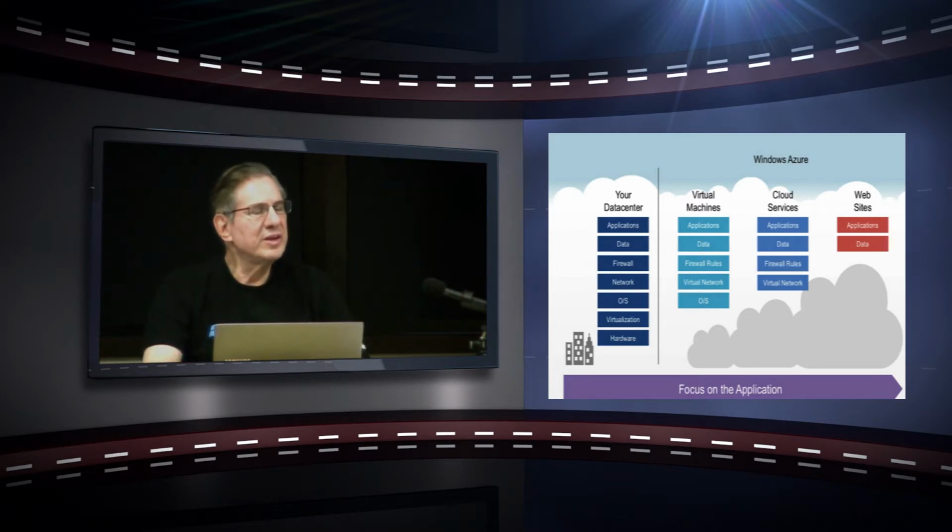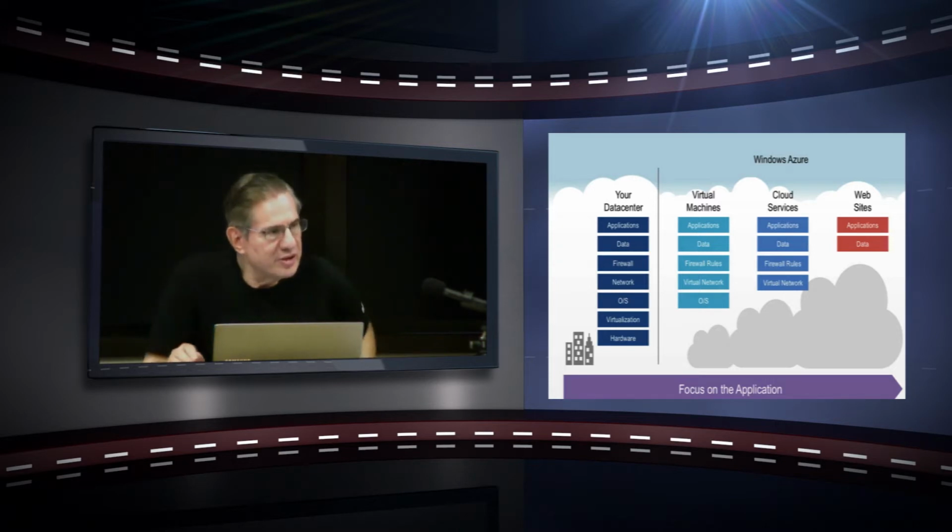So the first thing that came out was virtualization and virtual machines, and Windows Azure supports that with a feature called Infrastructure as a Service, or IaaS, which basically lets you rent server capacity as you need it in the cloud. Do pretty much anything that you can do on-premise in the cloud.